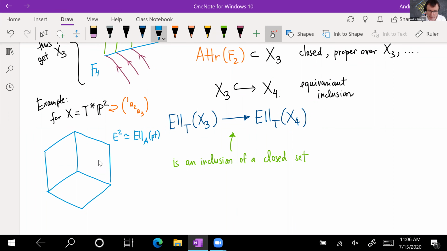There are 3 copies of E squared, the elliptic curve, that glue like that, and they correspond to the points 1, 2, and 3, something like that.